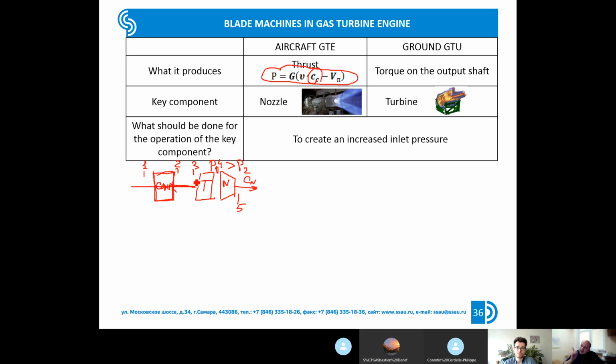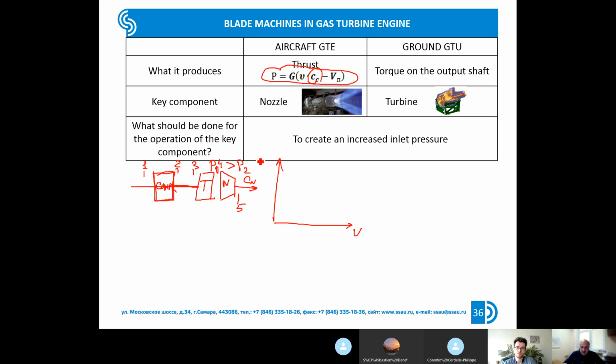I think in common you are true, but I think it's not clear for everybody. So to understand why this engine will not operate, let's draw the PV diagram of the cycle of exactly this engine.